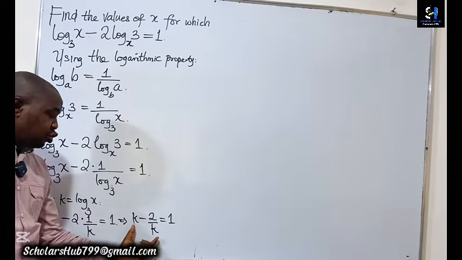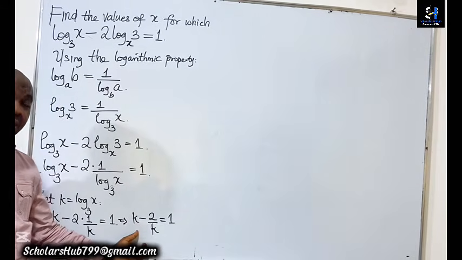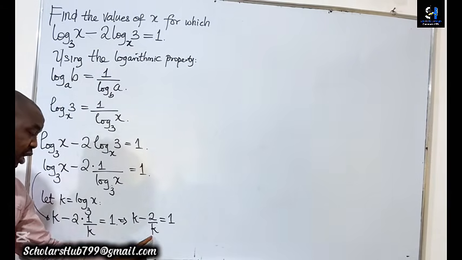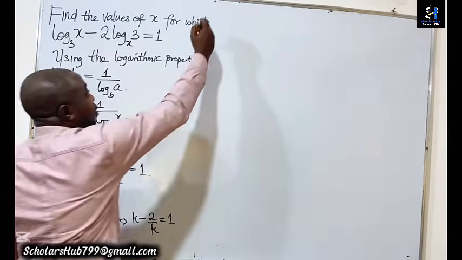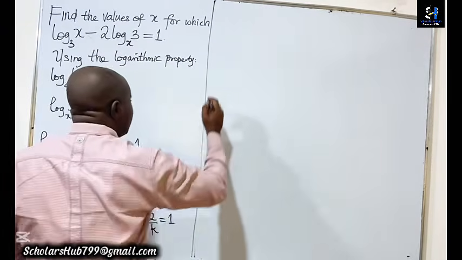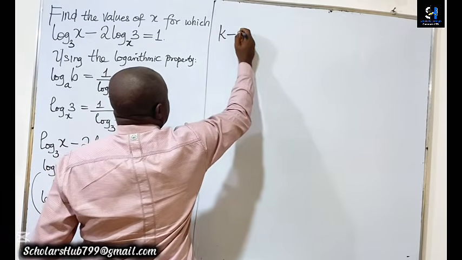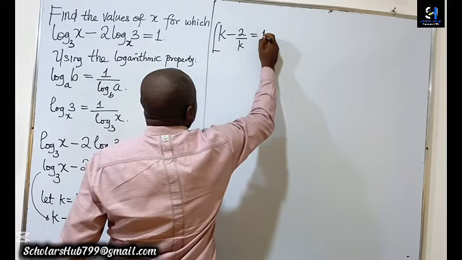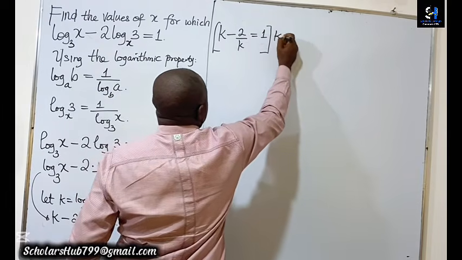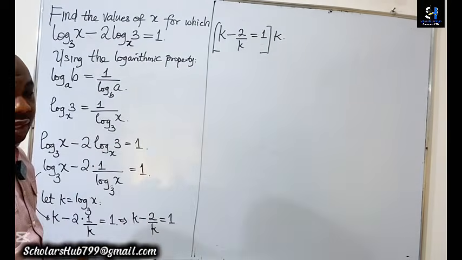Now I'm going to multiply through this equation by k, because we need to get rid of this k in the denominator.